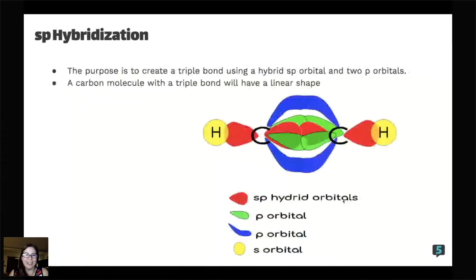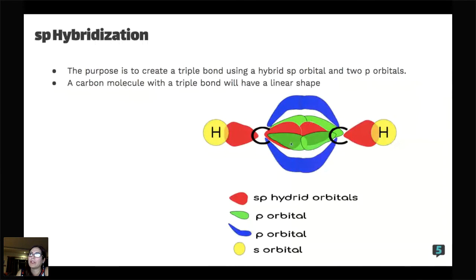I hope my diagram doesn't drive you crazy, but this is the carbon. The red ones are the hybrids. So the other carbon bonds first. This is the first bond, and then the p orbital creates another bond above and below the plane. And then the other p surrounds that bond.